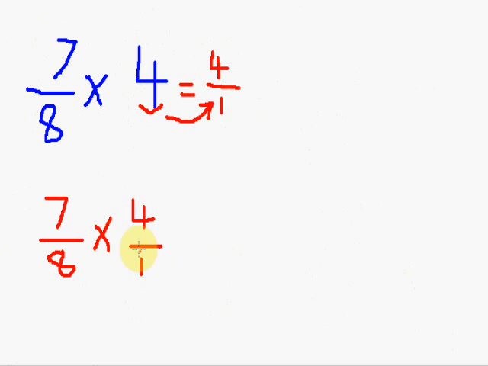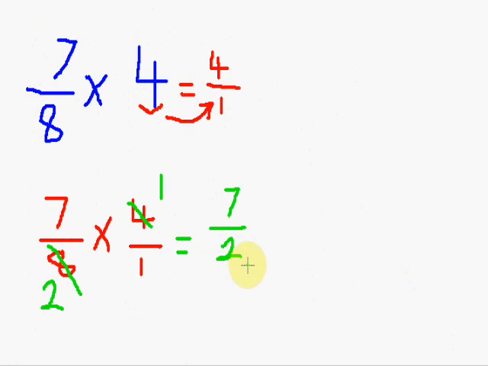Okay, in this case here, the 7 and 1 can't cancel, but certainly the 4 and the 8 can. 4 goes into 4, 1, 4 goes into 8, 2. And if we multiply across, we get 7 ones are 7 over 2.